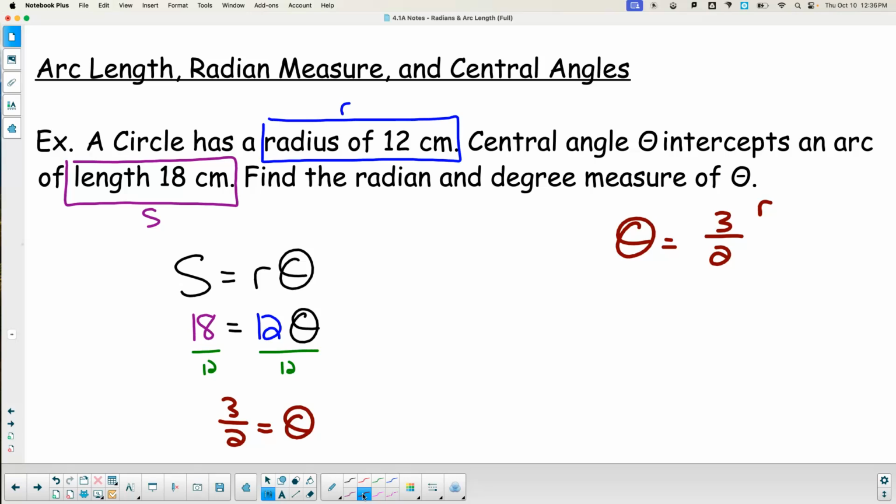My second answer says I need to convert that into degrees. So if I have 3/2 as my radian measure, I'm going to multiply that by 180 degrees over pi radians.